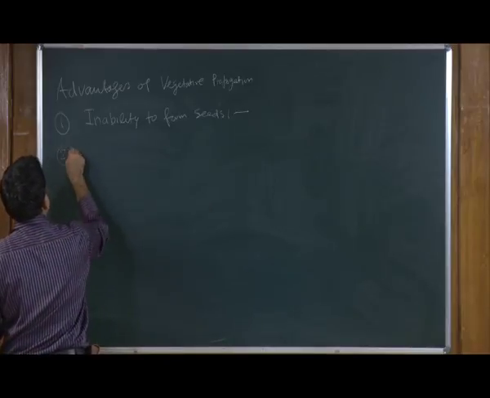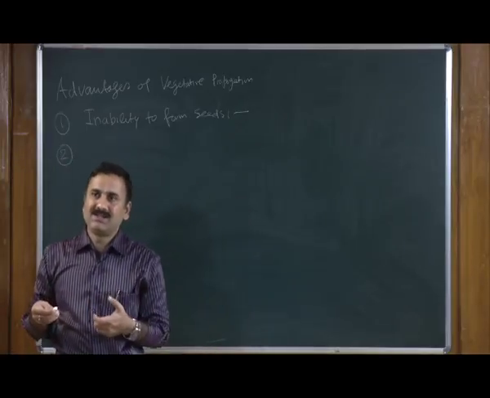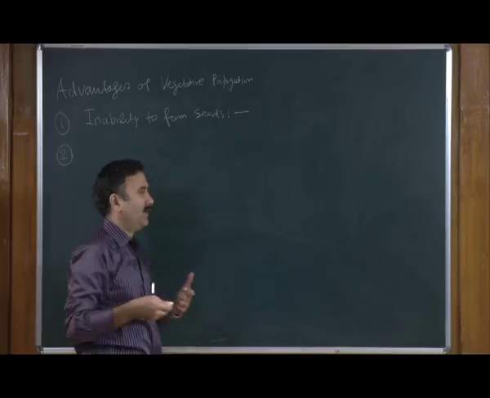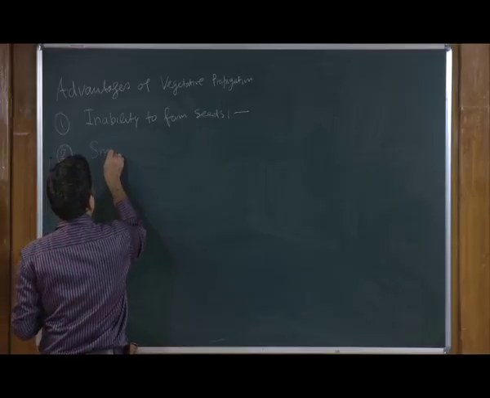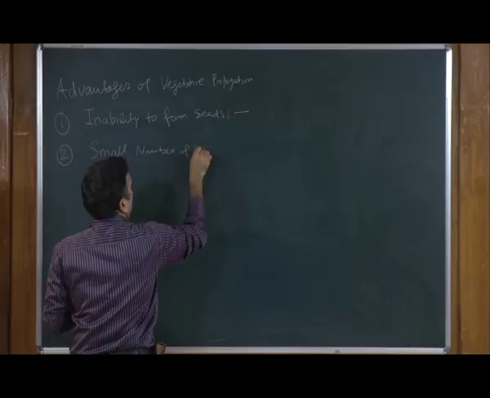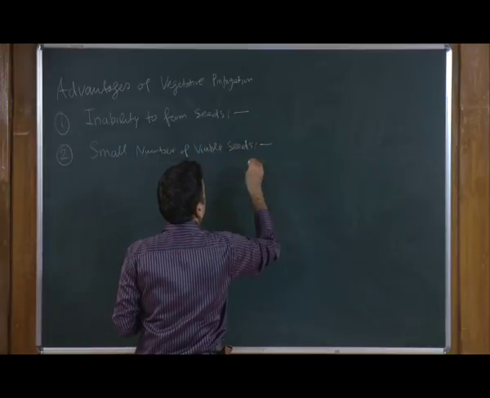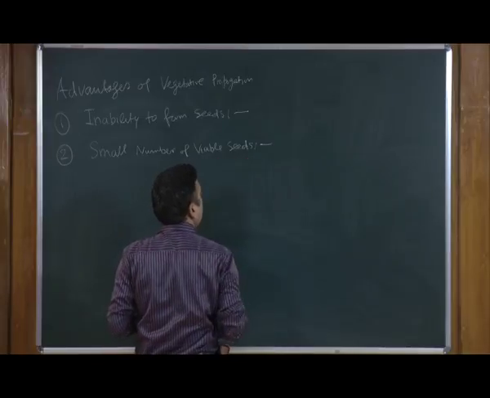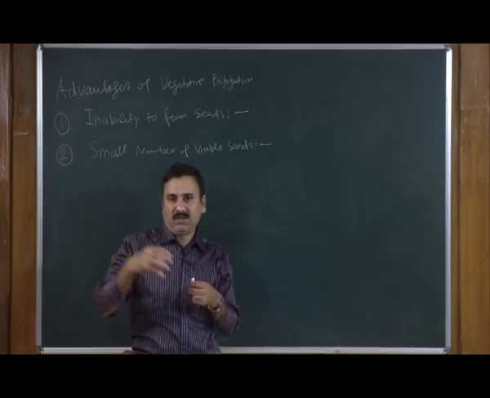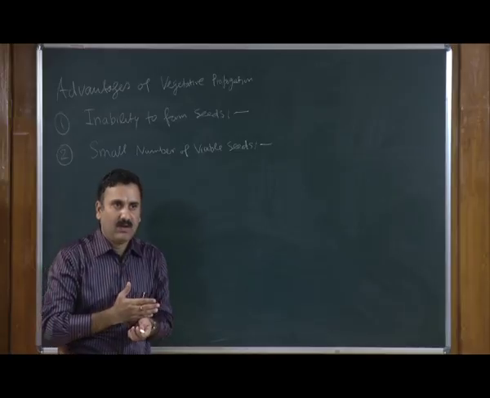Number 2, the plants are forming seeds, but they are forming a very small number of viable seeds. For the plants falling under this category, the fertilization is either incomplete or not very efficient.